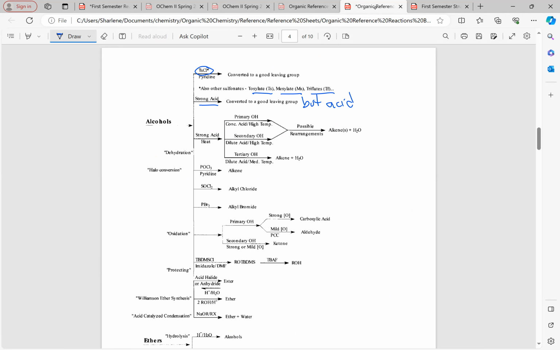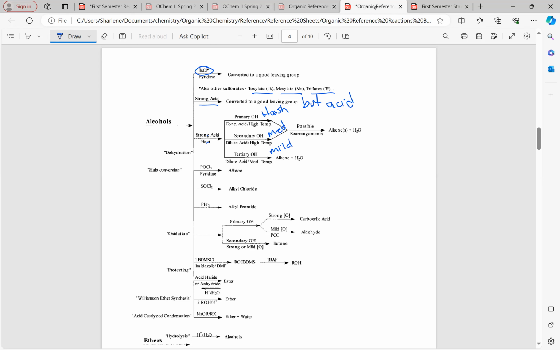All right, what is another reaction that you can do with the alcohols? Well, if you put it in the presence of strong acid and heat, you're going to get acid catalyzed dehydration. And remember, primaries are hard, so they have to have harsh conditions. Secondaries are somewhere in the middle, the fence sitters, medium, and the tertiaries are very mild.